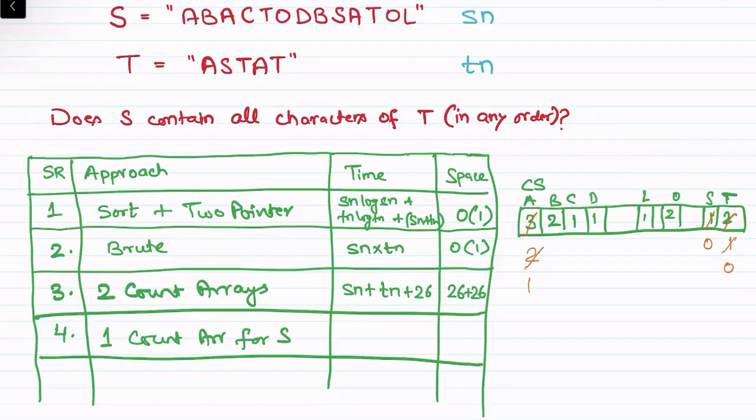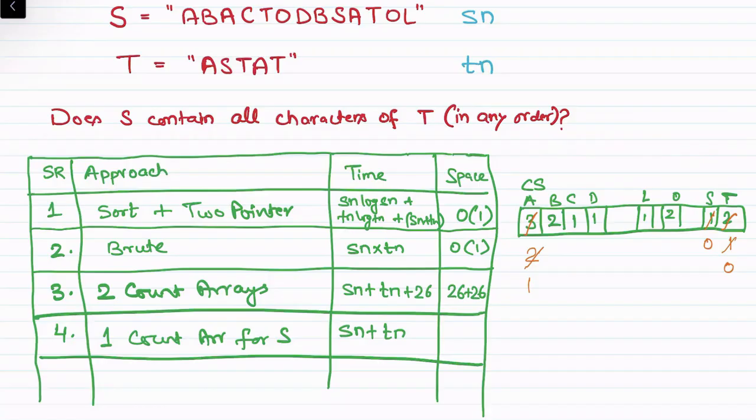So what improvement do we get? Sn will be the time complexity to build this array. Tn will be the time complexity to go over the string T and update the count array, and also ensure that at any moment, any character decrementing should not become negative.